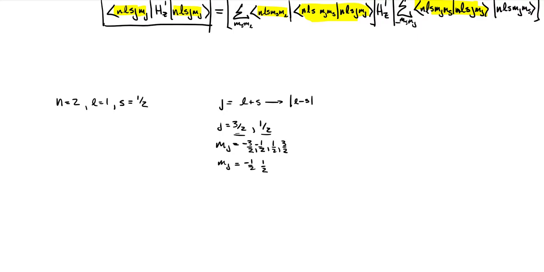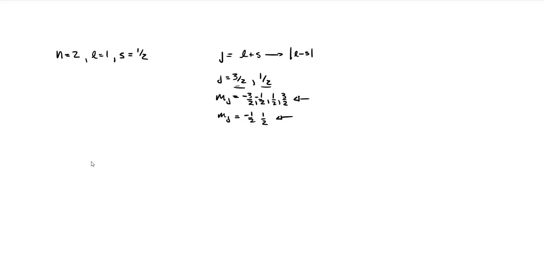So our basis states, there are essentially 6 of them. There's these 4 and these 2. Now, just refreshing our memory on the Clebsch-Gordan coefficients, the n, l, s, j, I'm just going to write it as j, m_j.